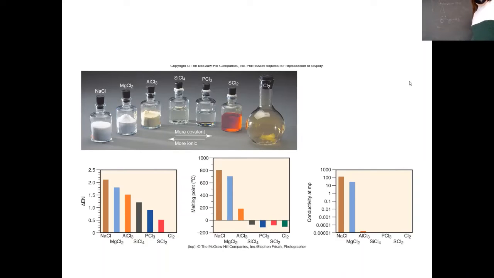Okay, so if I'm comparing the two that are farthest apart, sodium and chlorine, they have an electronegativity difference of 2. Okay, and so that's the biggest one here. And you can see there's a pretty steady change going across the table, getting smaller and smaller and smaller until the two chlorine atoms, obviously there's no electronegativity difference there.